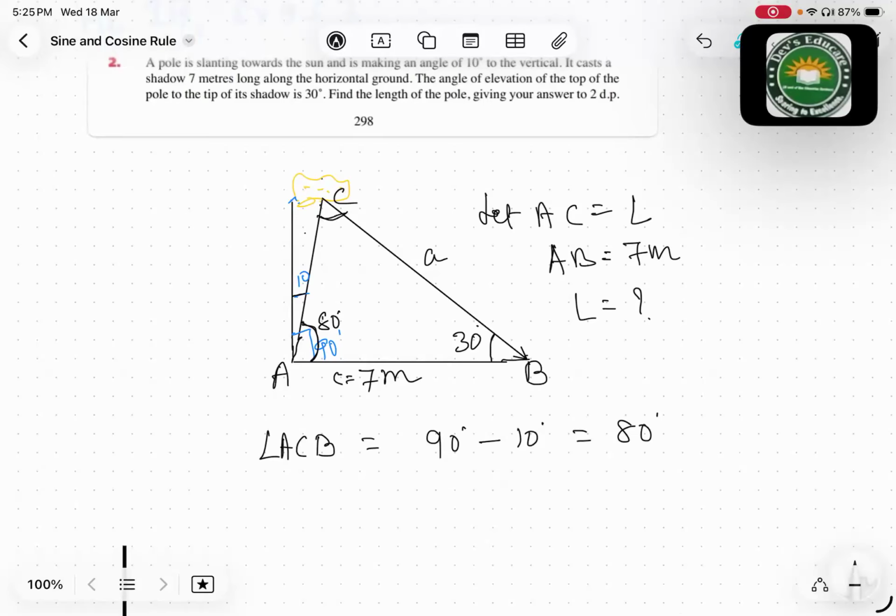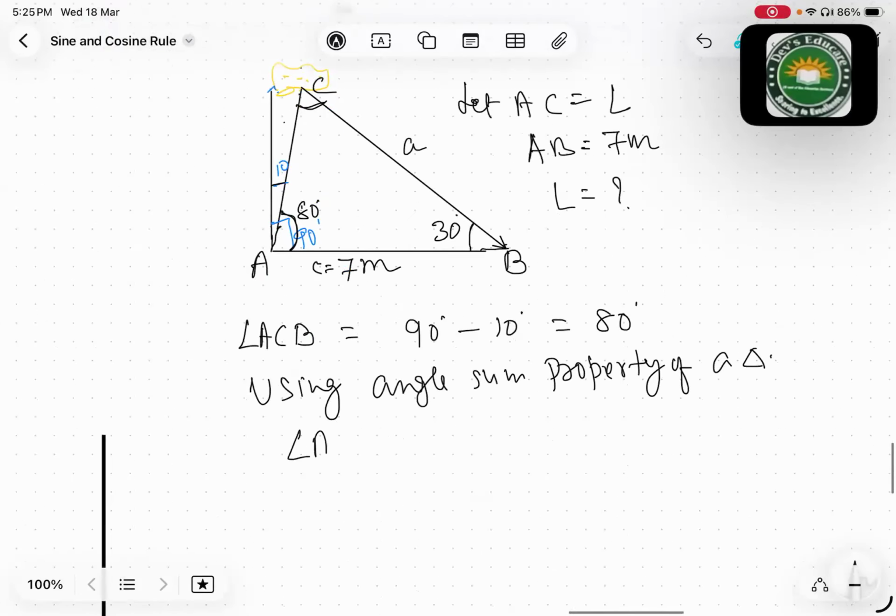So what we will do is use the angle sum property of a triangle. We have A plus B plus C equals 180 degrees. Angle A is obviously 80 degrees.